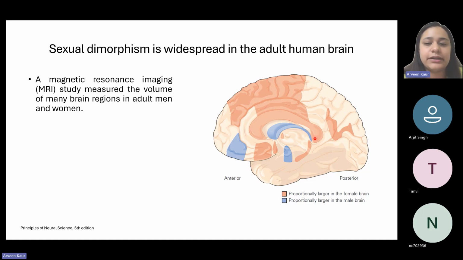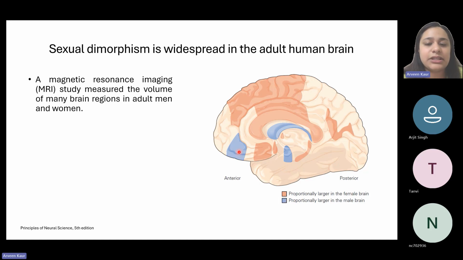So over here, this reddish peach color basically signifies areas that are proportionally larger in the female brain, right? It includes some of the cognitive areas such as somatosensory and motor sensory regions, and the hippocampus. We can see some region of the occipital lobe, and some of the other regions also.